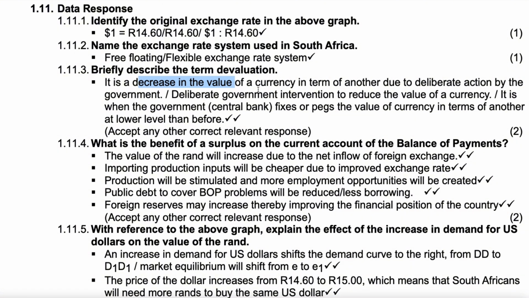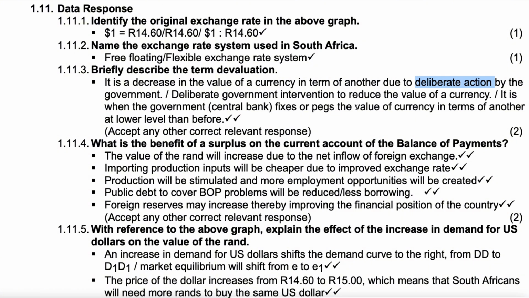But another thing must also come, because a decrease in the value of a currency might be depreciation. But you want to specify and give us a definition that shows that you are talking about devaluation, not depreciation. So you want to talk about this point here, due to a deliberate action by the government.